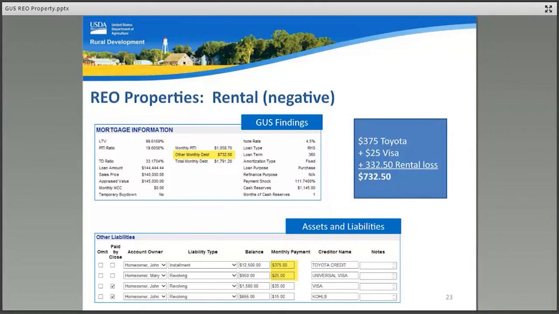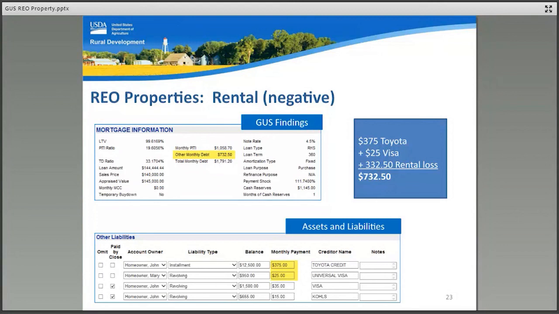The GUS Underwriting Findings Report shows the other monthly debt total as $732.50. This would include the two eligible debts listed on the Assets and Liabilities page of $375 and $25. Notice the other two revolving debts were selected as paid by close by the user.